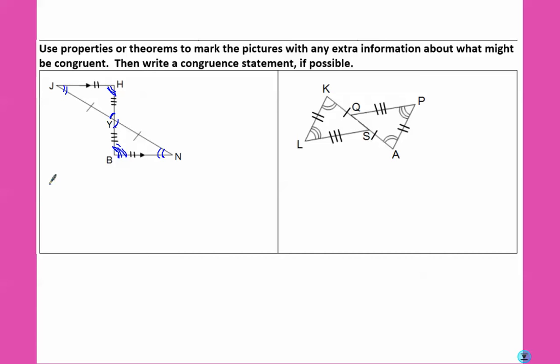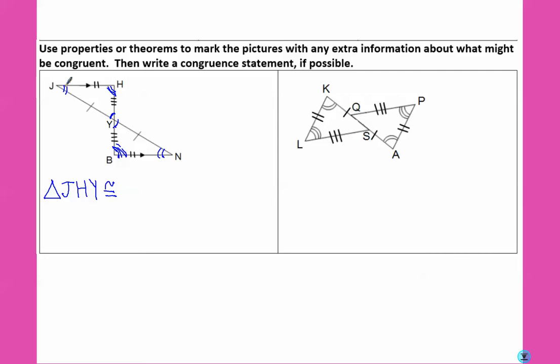So let's write our congruence statement. Angle J, I'm going to start there, HY, or triangle JHY, is congruent.